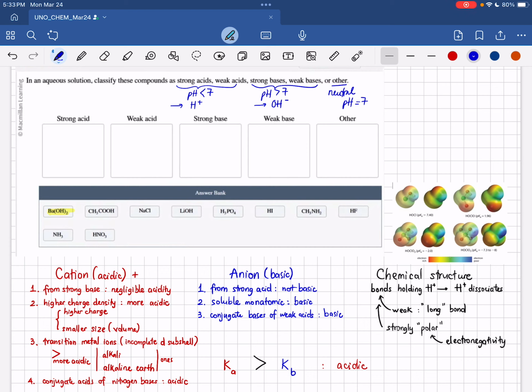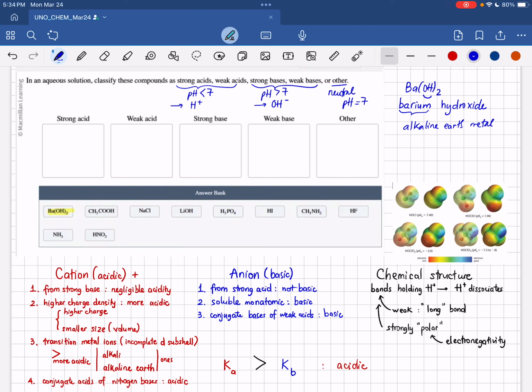Okay, let's check out the first one, Ba(OH)₂. We can see it has a hydroxide in the molecule itself, and Ba is barium. So this is barium hydroxide, and barium is an alkaline earth metal.